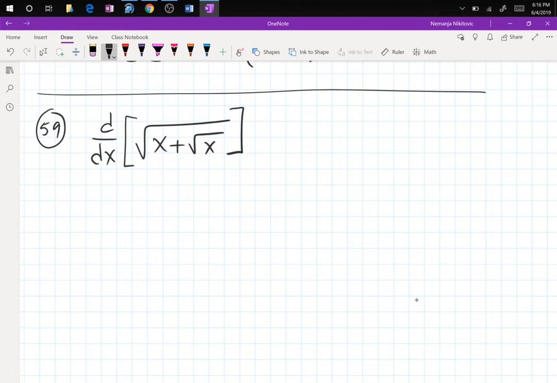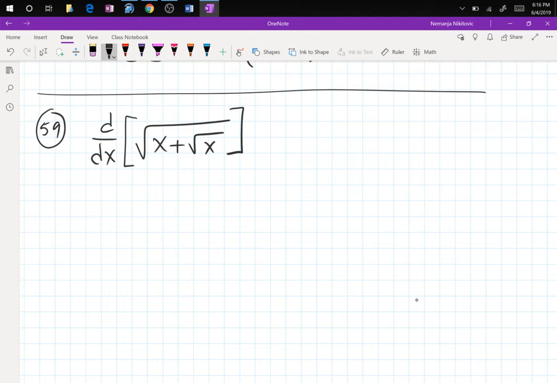Following the format from earlier, you said this is root of G, and this is root of... I said that F was root G, and then I said that G was X plus root H, and then H was X. So then I said the derivative of root G would be 1 over 2 root of x plus root x, and then times G prime of H.